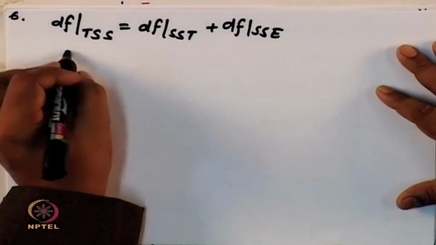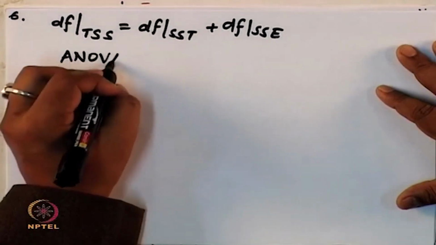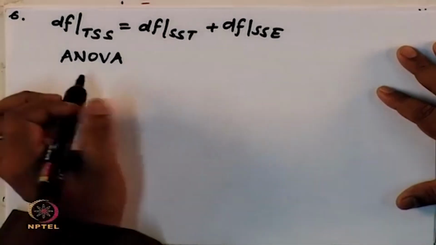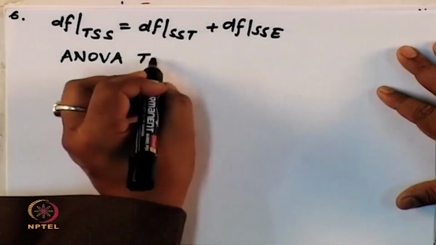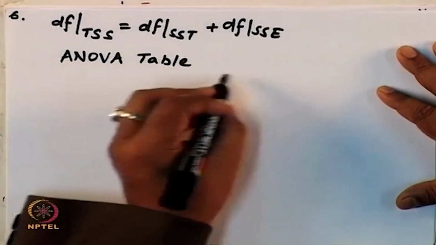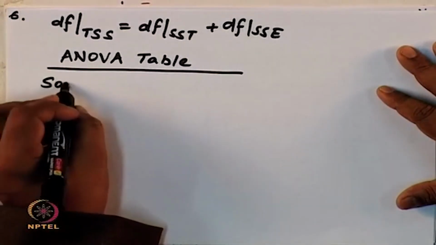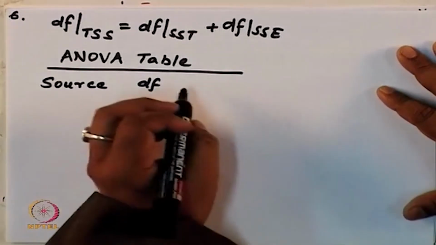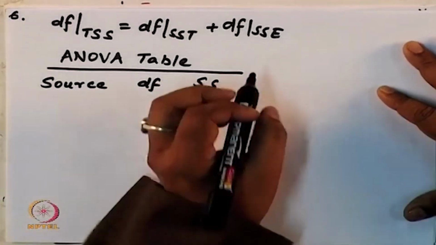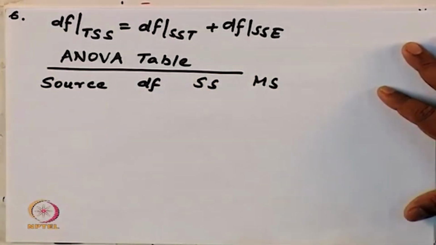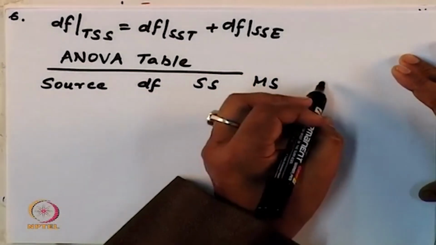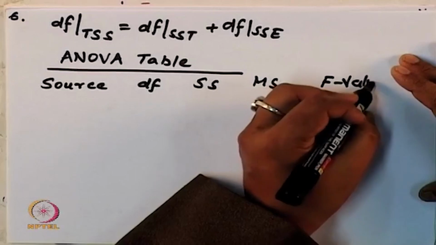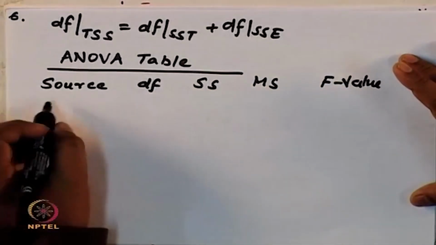And you can formulate the ANOVA table, and this is given by, so you have source, you have the degrees of freedom, the total sum of squares, the mean square, okay, and based on this you can compute the F value, okay. So, what are your sources?